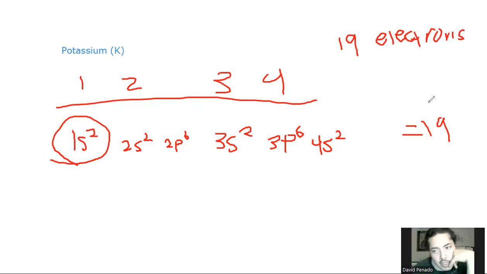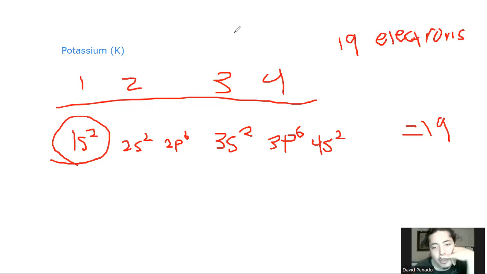There's 19 electrons in here. We have to fill up each of the slots. These are the seats. Wait, the 2s2 has 2 electrons too, and p has 6. That means 10 electrons. The 3s has 2, that's 12. 3p is 18. 4s has 2, that's 20.